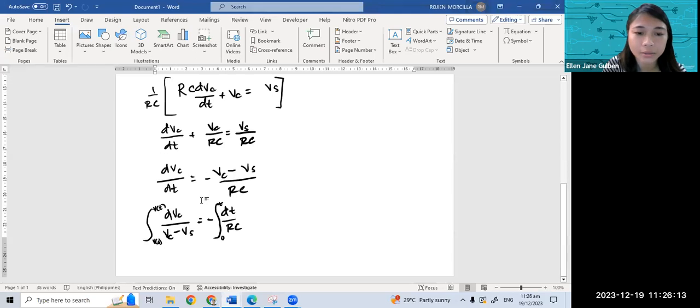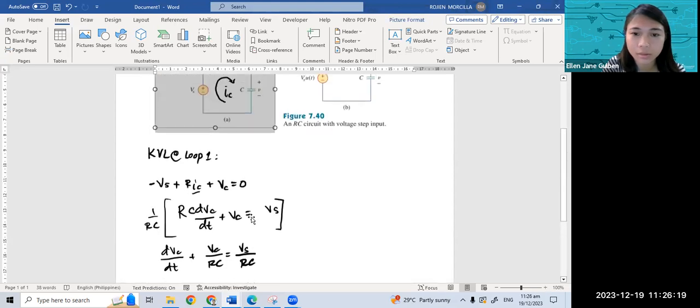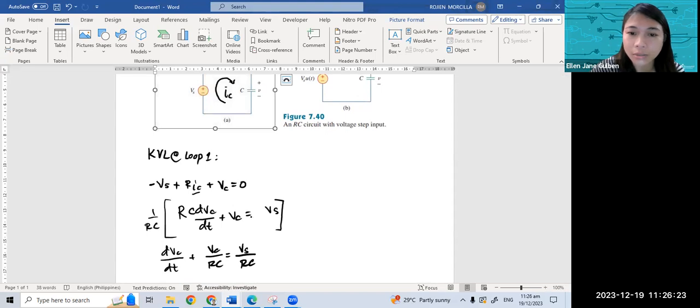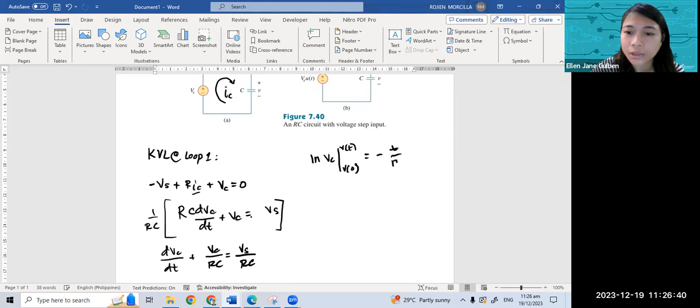And then integrate them. So what will happen is that this one becomes ln of Vc evaluated from V0 to V of t is equal to negative t over RC from 0 to t.